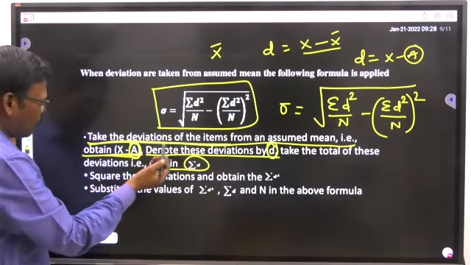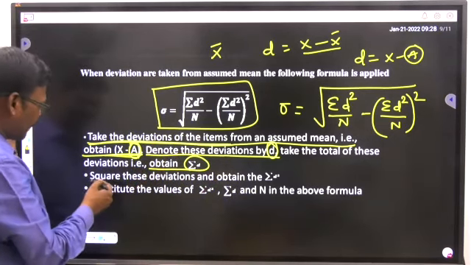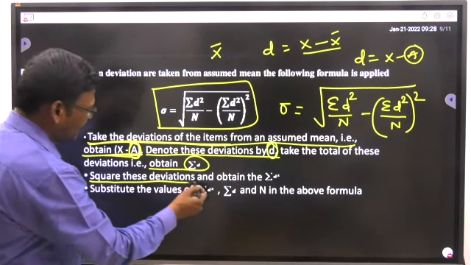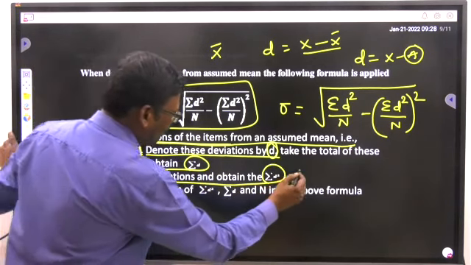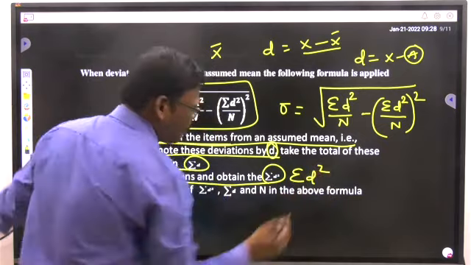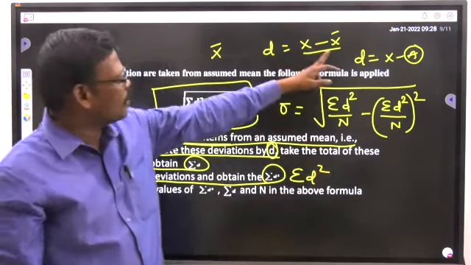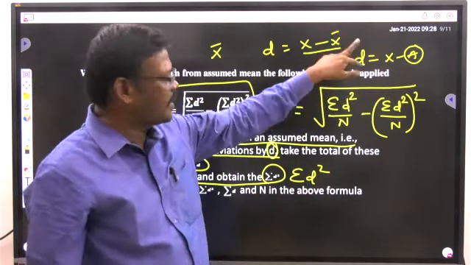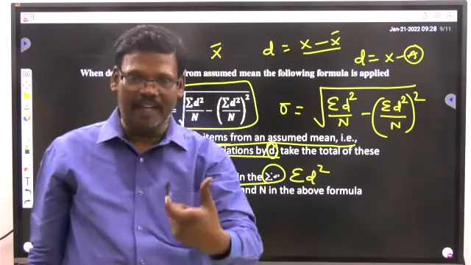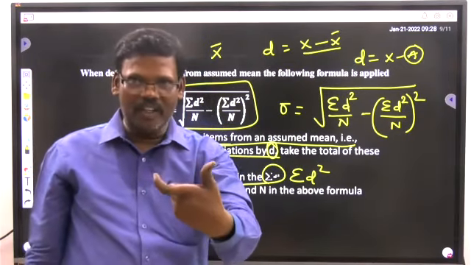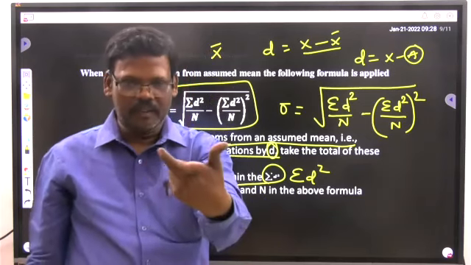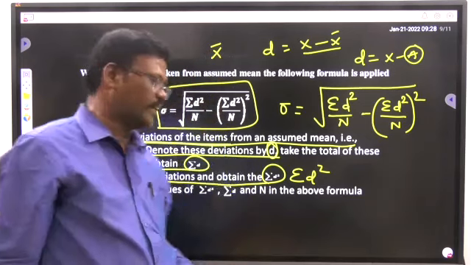Whatever deviations we have, square them and obtain sigma d square. First, based on the formula x minus a or x minus x bar, we get the d values. Then we square the d values, and they are called d square.